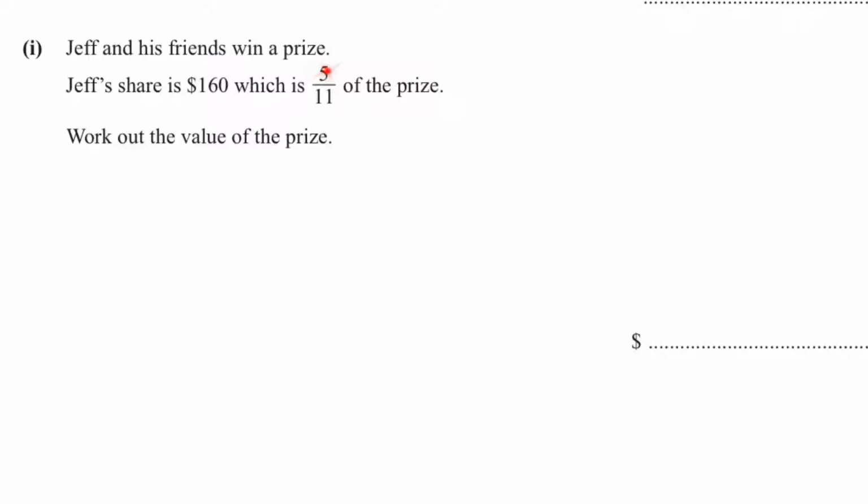Jeff and his friends win a prize. Jeff's share is $160, which is 5 over 11 of the prize. Work out the value of the prize. Of the prize means multiply. So 5 over 11 of the prize is 160.